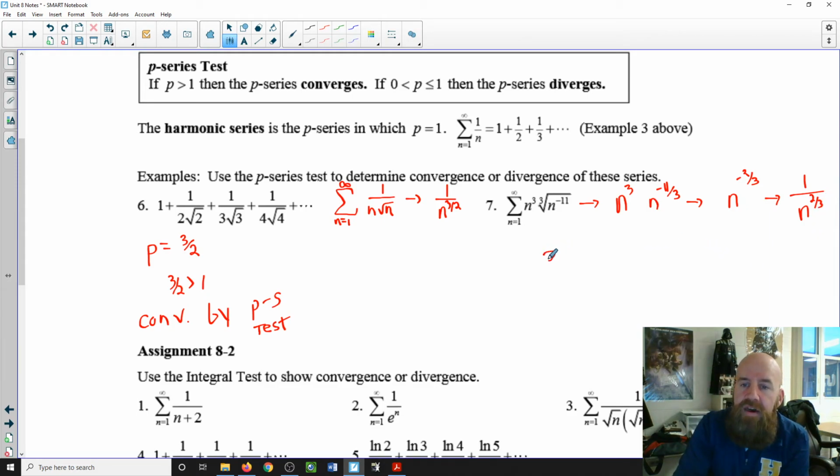And the P value, 2/3, is less than 1. So this is a divergent series. So it diverges by P-series test.